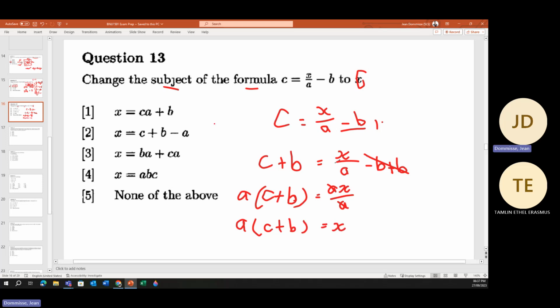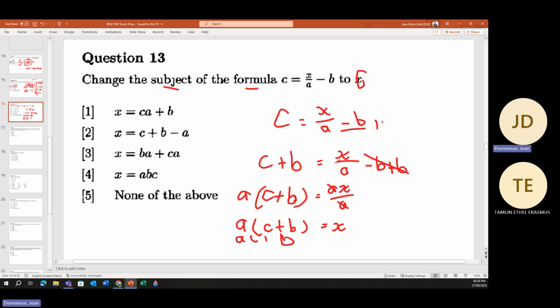And now, like with some of those previous ones, I'm looking and I'm like, oof, I don't get one where there's brackets, so they want me to multiply in. So I need to say a times c plus a times b.